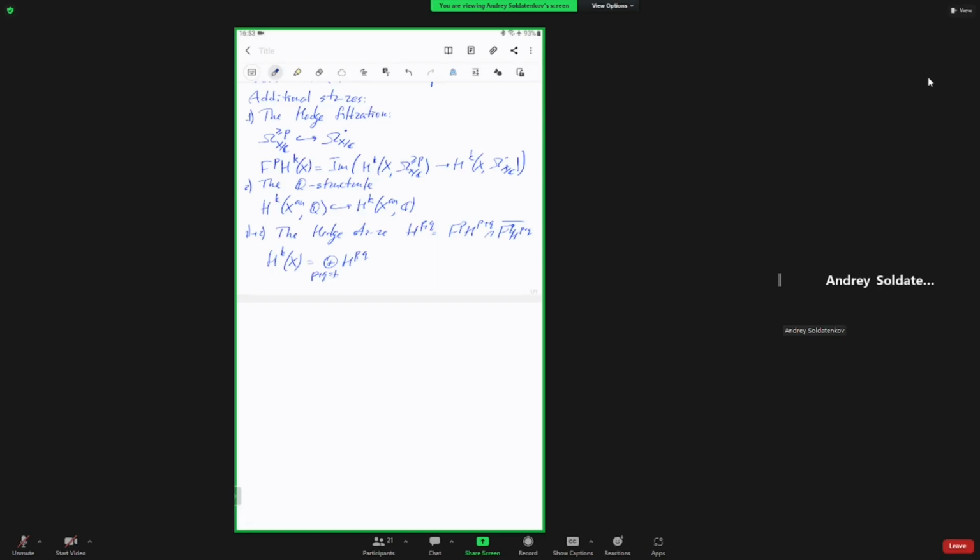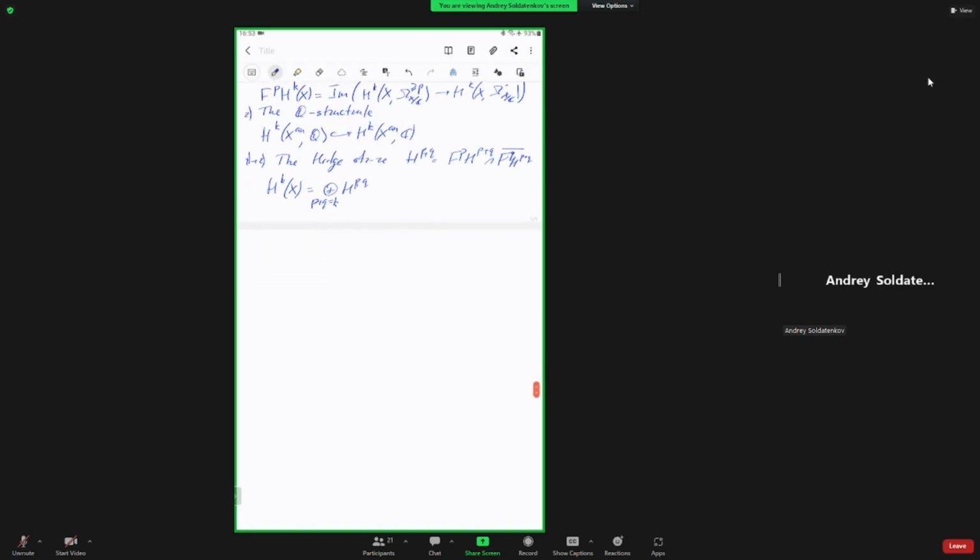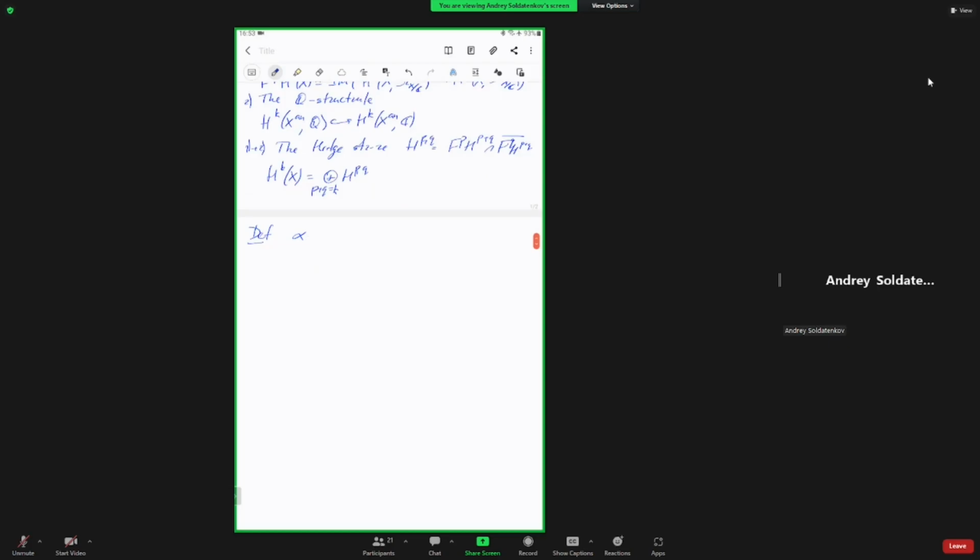This Hodge structure is polarized, and now a cohomology class is called a Hodge cycle if it is of degree 2p for some p, and it lies in the component F^p of the Hodge filtration.